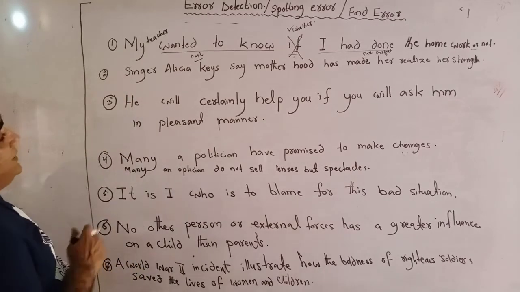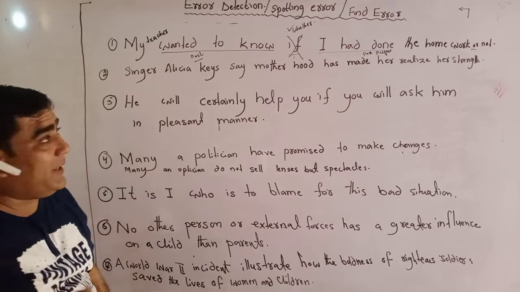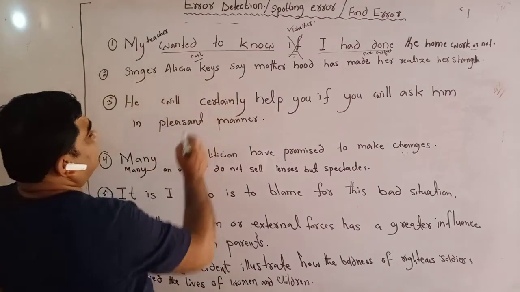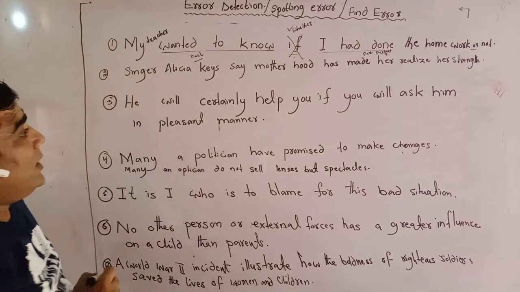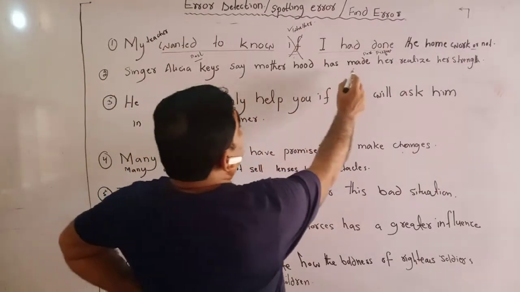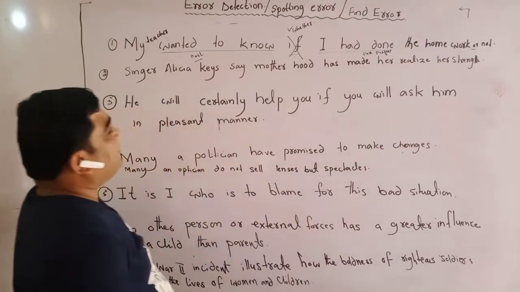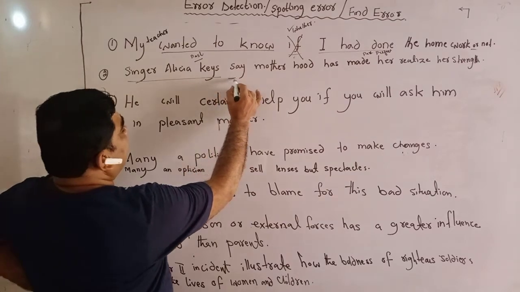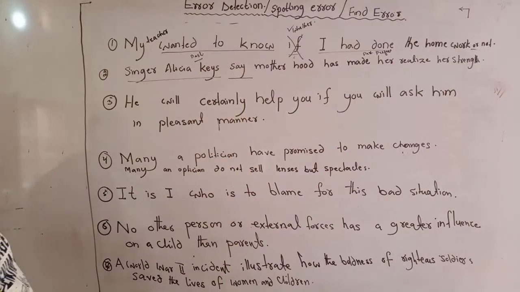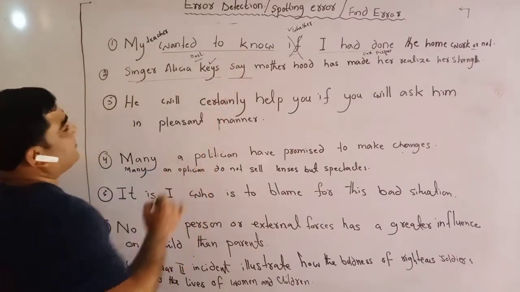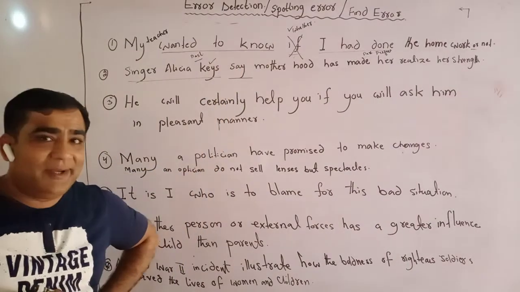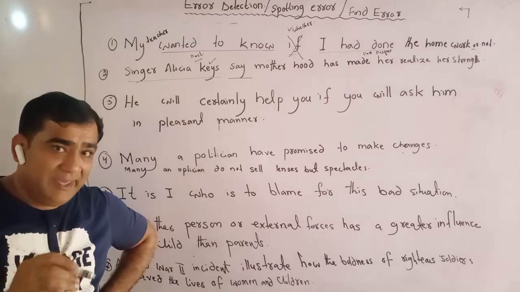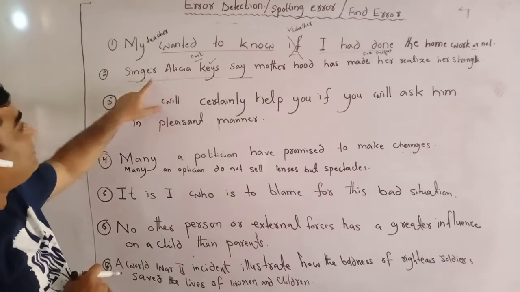Second one is in the subject-verb agreement case. Singer Alicia Keys, female singer, American singer, say motherhood has made her realize her strength. This is the subject and this is the verb. Here written is Keys. Dear student, it doesn't mean that Keys is a plural of key. It is not like that, it is the full name.